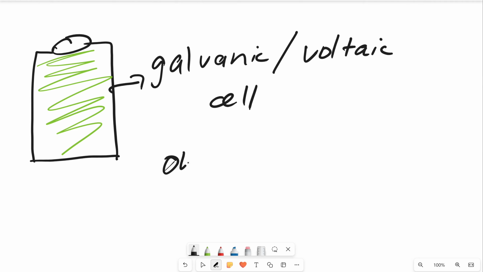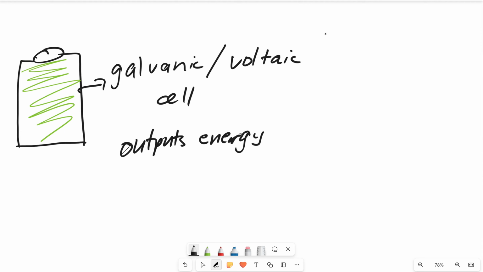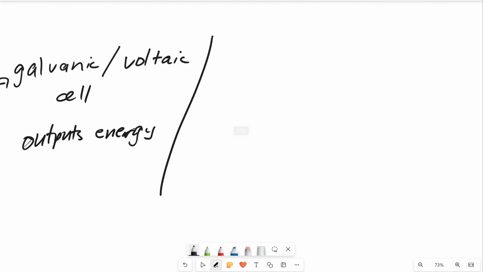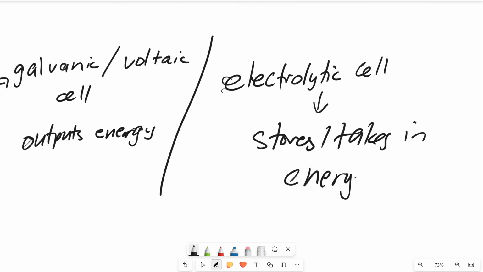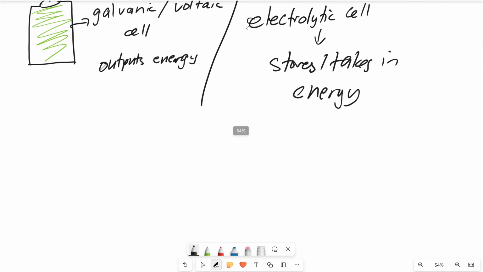And what this does is it just outputs energy, and it basically only outputs energy. This is in stark contrast to a reverse reaction, which is called the electrolytic cell. And this one basically stores or takes in energy.